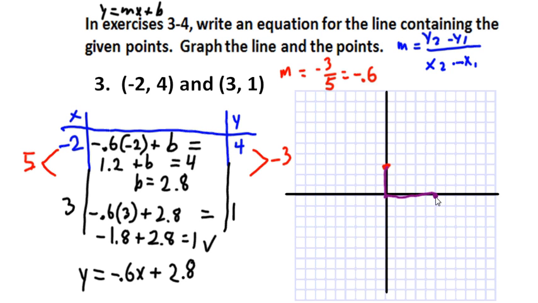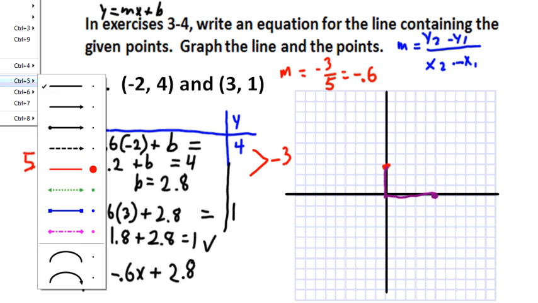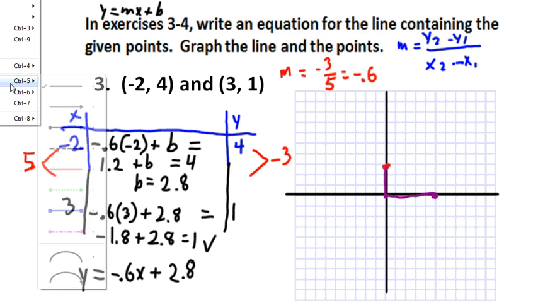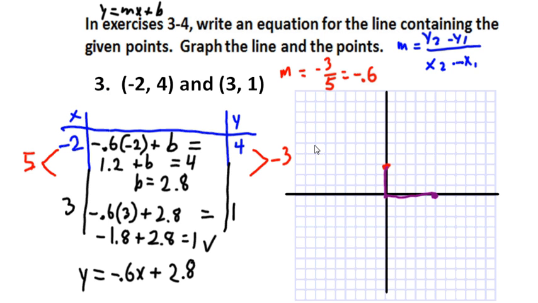So this is our second point. And we can get a line. I'm going to use my line tool here. There we go. Just draw it like this. That's pretty close.